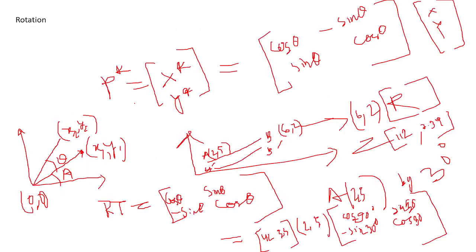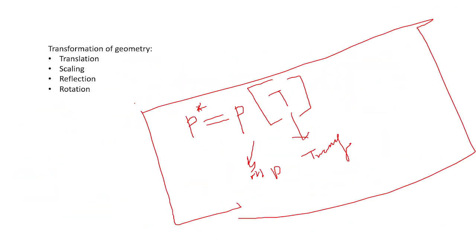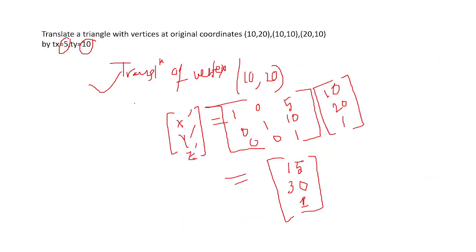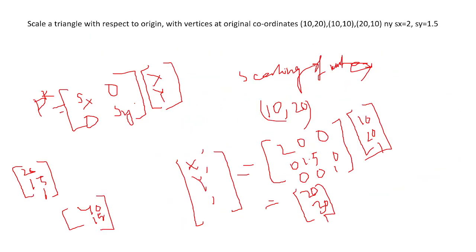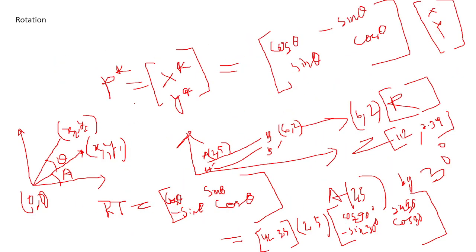What is given as Sx, Sy, this one, right? The matrix is Sx 0, 0 Sy, and x y, right?